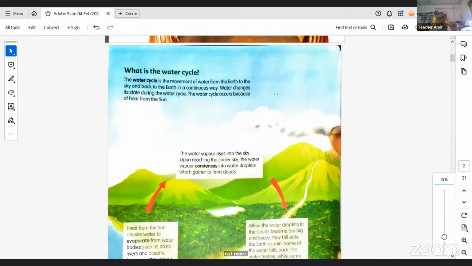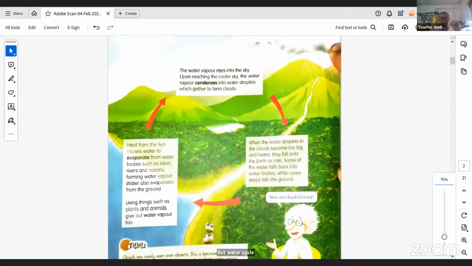The water cycle starts from here. When there's sun during the day, the heat from the sun shines on the water, the water becomes hot and starts to evaporate. So all the water from rivers, lakes and oceans will start to evaporate.